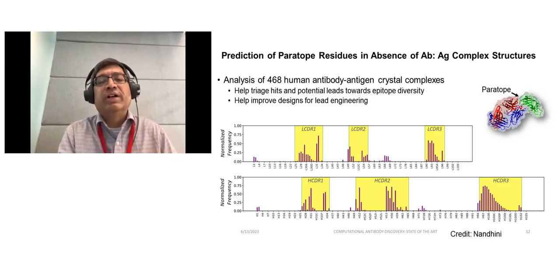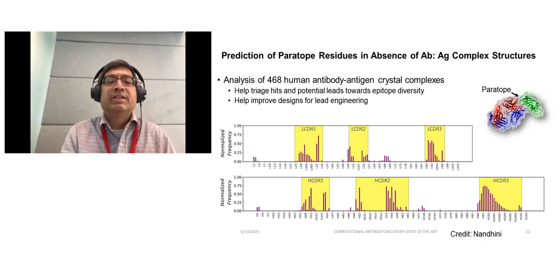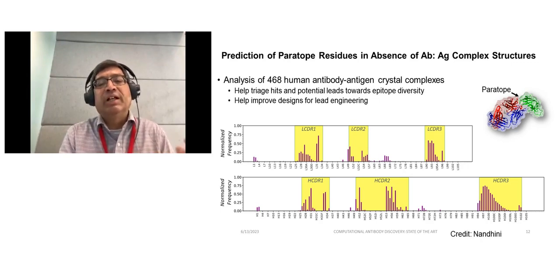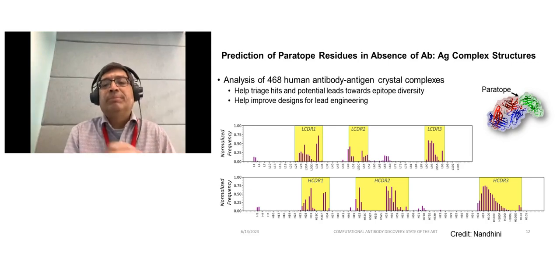We had also worked on, and I'm giving you a few examples from our work. We have also been able to analyze antigen-antibody complex crystal structures and map the paratope residues onto multiple sequence alignments of the antibodies.